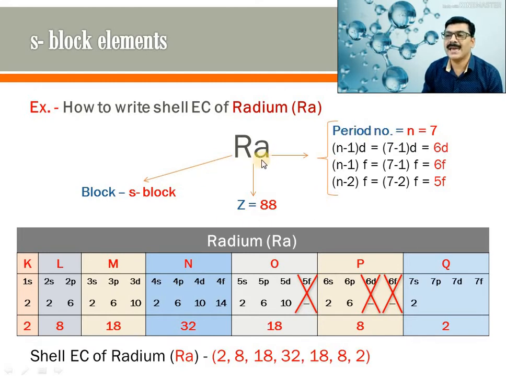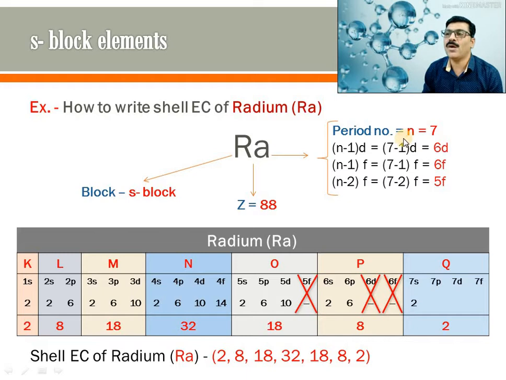Radium is present in the second group, that is the s block. The atomic number of radium is 88. It is found on the basis of the shell scale 2, 8, 18, 18, 32. And radium is present in the 7th period.